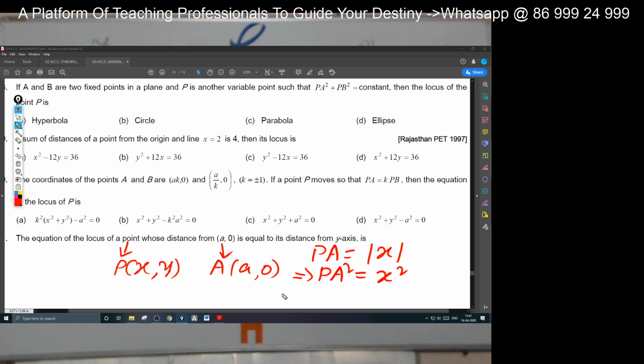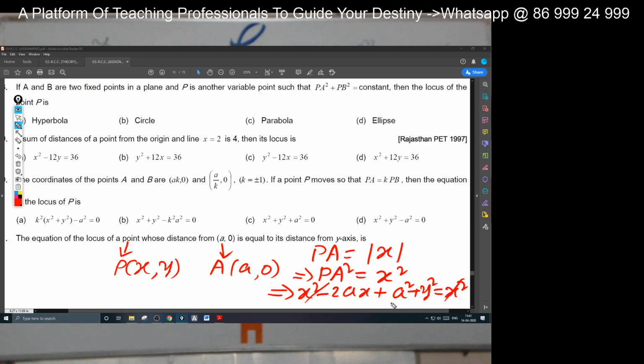What is PA square? (x minus a) whole square, x square minus 2ax plus a square plus y square is equal to x square. This x square gets cancelled on both sides. Your answer is y square minus 2x plus a square equals 0.